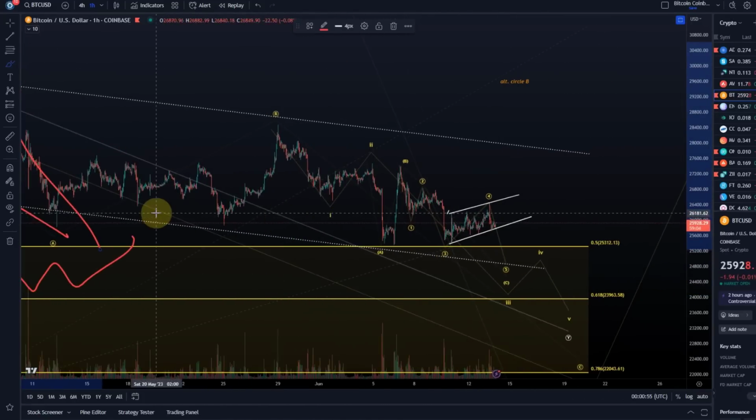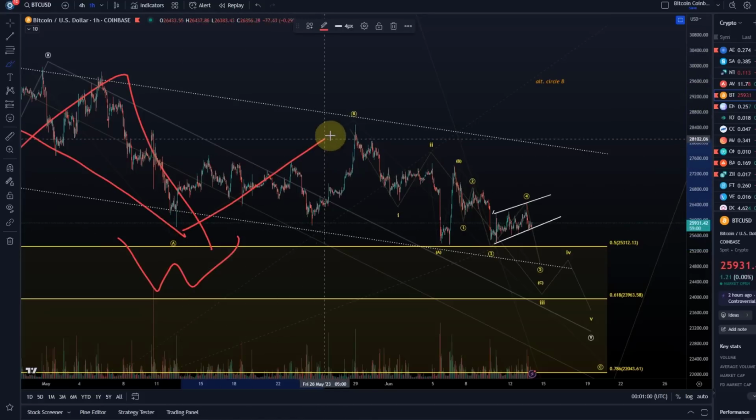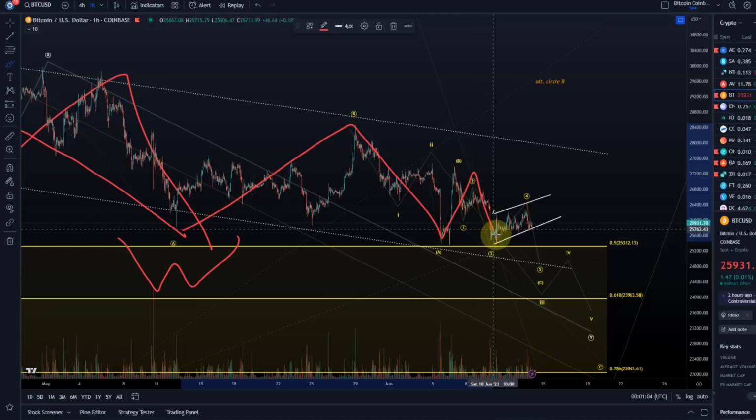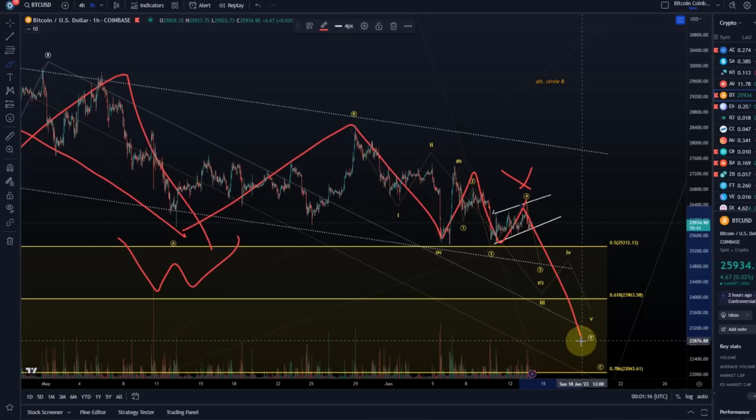Then the X wave would just be a triangle: A, B, C, D, E. We've got enough waves to complete a triangle. The E wave might have topped today, X, and then we should come down in a Y wave. That could go down quite deep, to 22, 23K in this wave count. I haven't shown you that before, but it is not one I'm leaning to, okay?